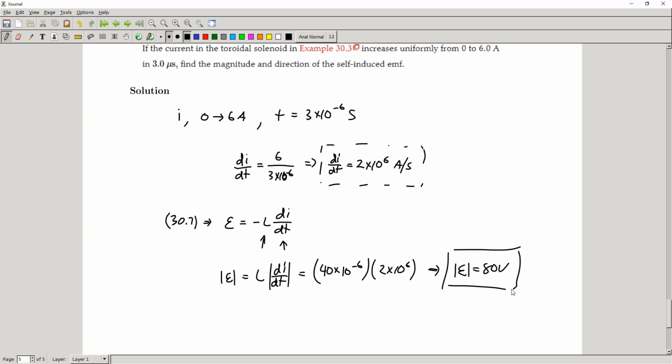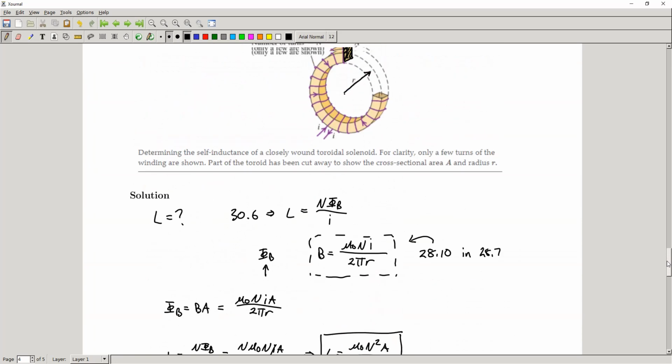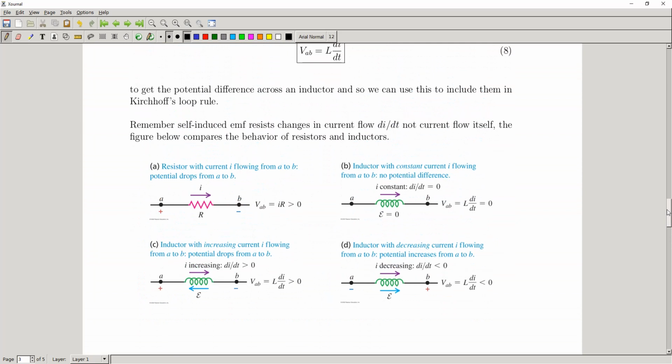And if we want the direction for this self-induced EMF, well, we can see that di dt here is positive. This is greater than 0. And this means that our self-induced EMF here is going to oppose I. How do we know that? Well, we can see that from the diagram that we have above here, right?